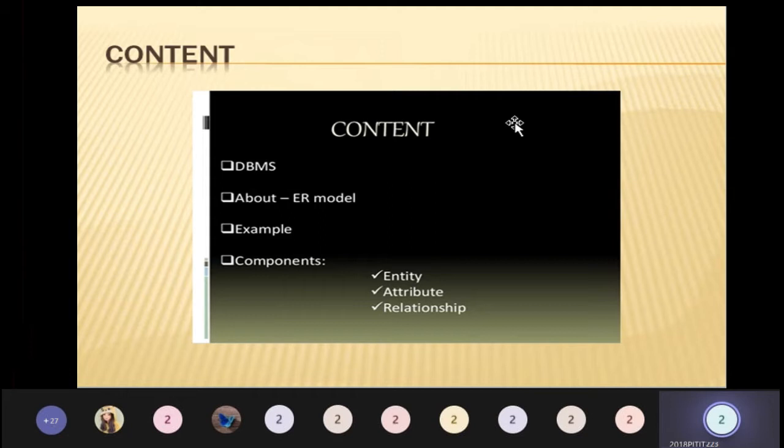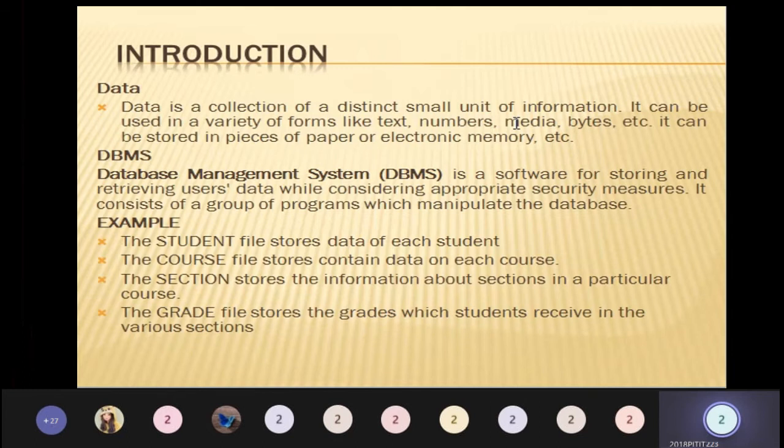A database is a collection of data and it contains the information about one particular enterprise. The database management system consists of a collection of interrelated data and a set of programs to access that data.